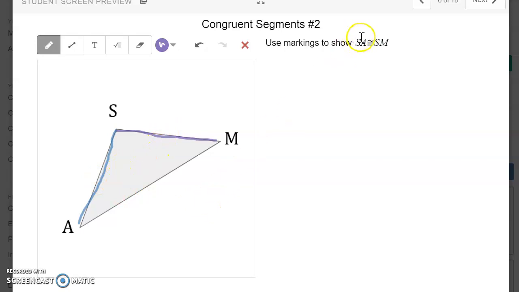Notice that we're talking about a line because we have a line over those two letters. The first letter is the starting point, the second letter is the end point of the line. To say that they are congruent, I would use the same number of notches. I could use 2 notches and 2 notches here, or 1 notch here and 1 notch here. It does not matter as long as the numbers are the same.